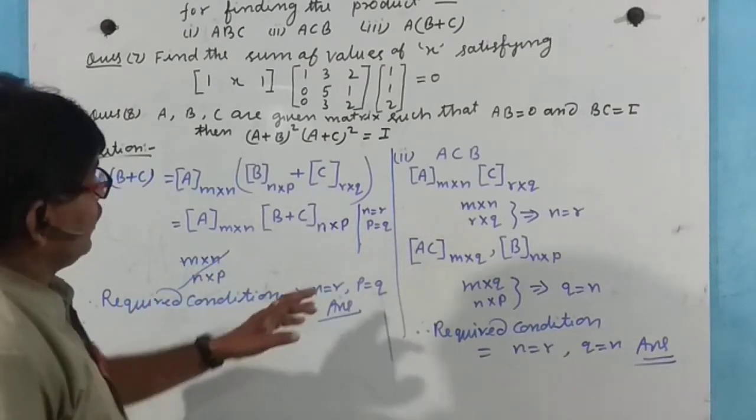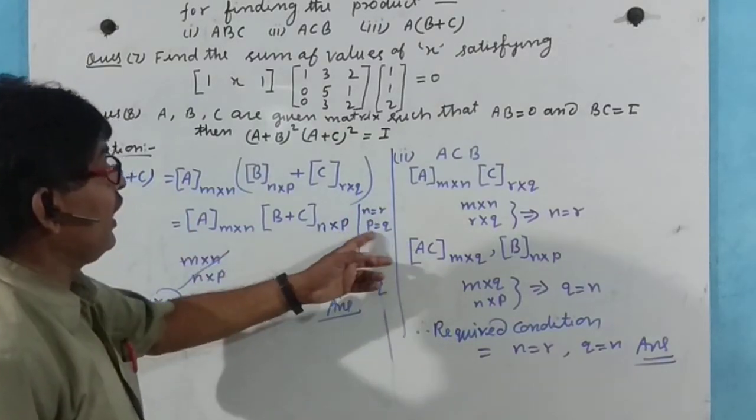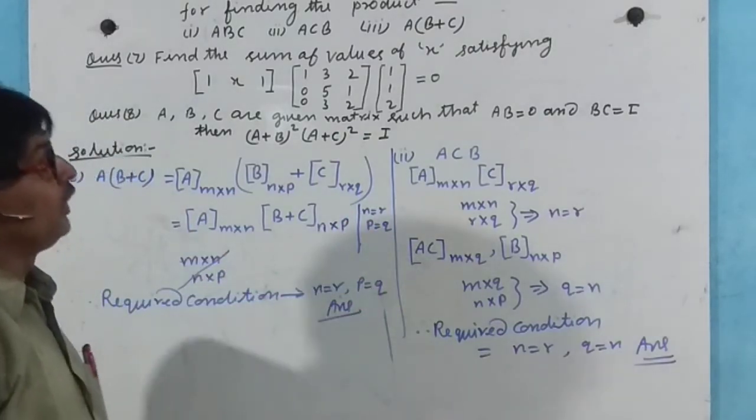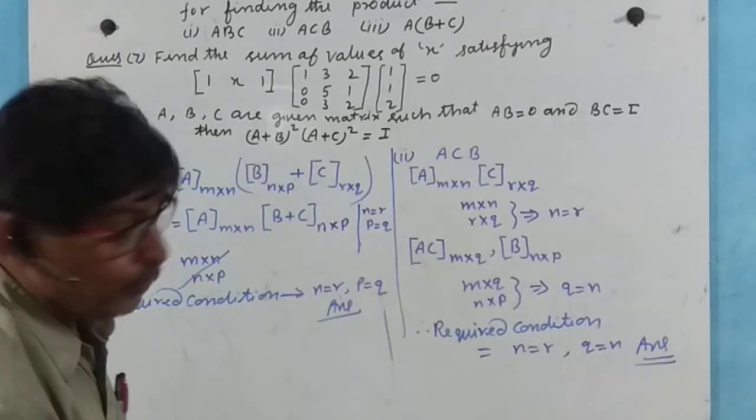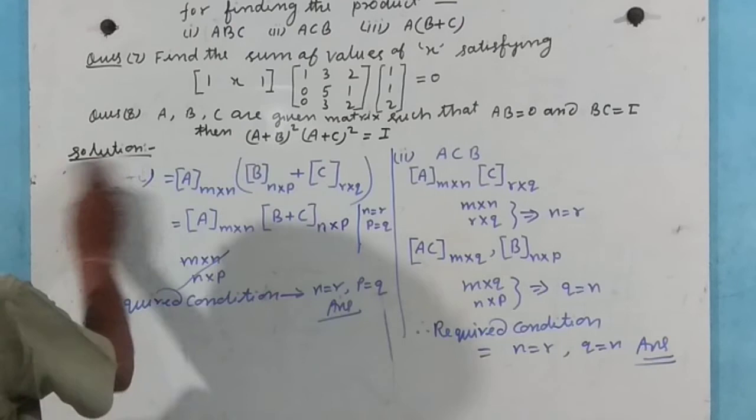So the required condition for this is N is equal to R and P is equal to Q. Now we see question number 7 here.